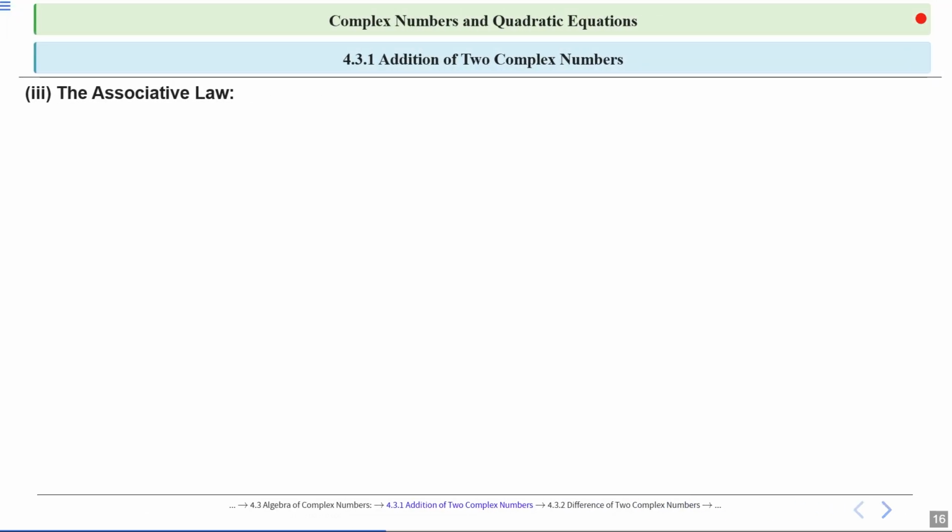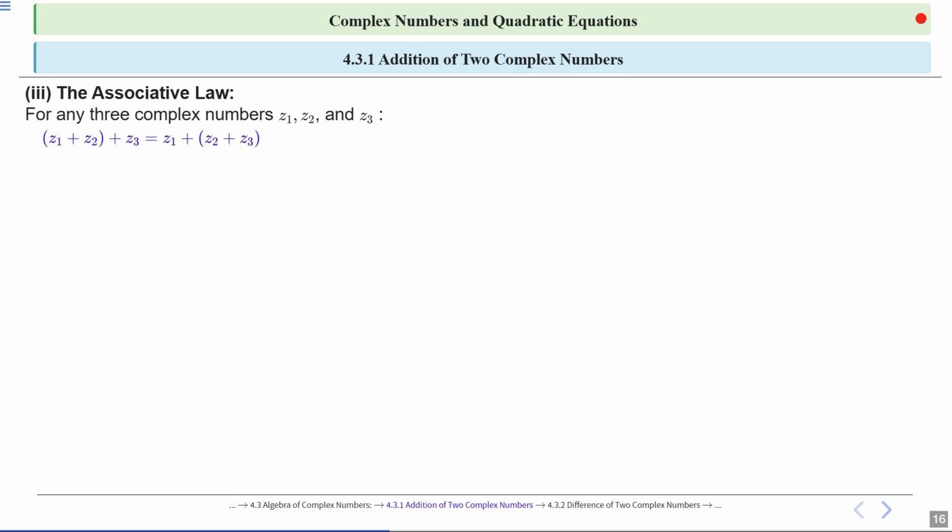Now, we will look at the associative law for complex numbers. For any three complex numbers, which we will call Z1, Z2 and Z3, the associative law applies. This means we can add them in any order and the sum will be the same.